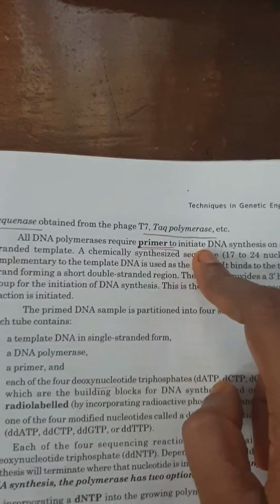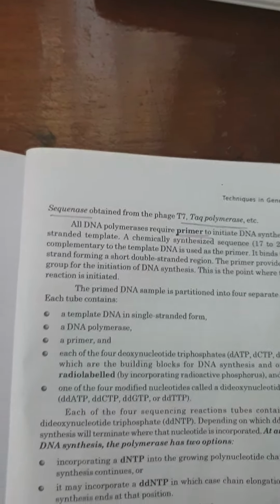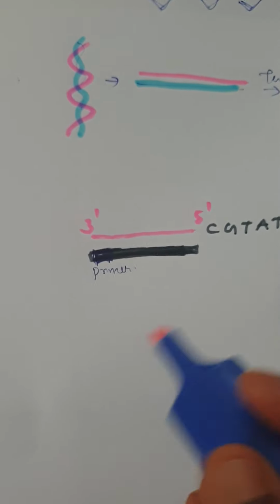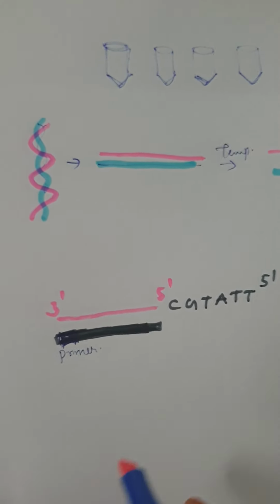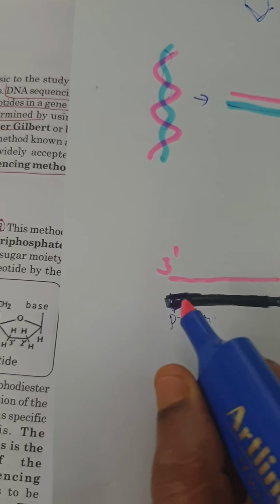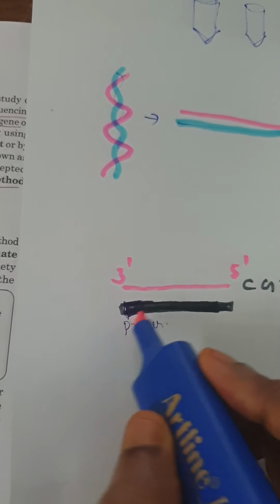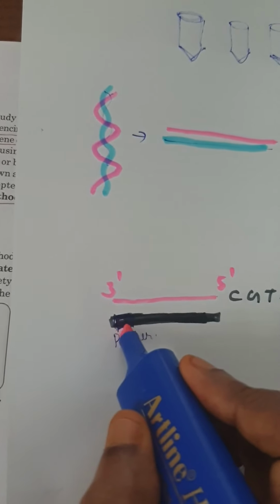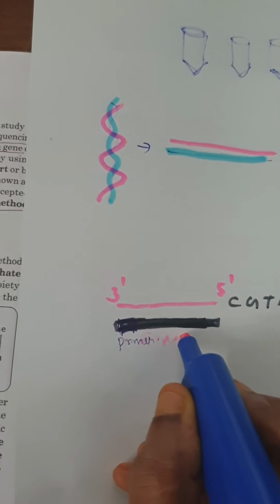We know that to start a polymerization we need primers. What are primers? Primers are oligonucleotide chains. Oligonucleotides means sequences a few nucleotides long. The primers will be about 10 to 25 nucleotides in length, complementary to the template strand, so here it will be C or G or T, A, like that.